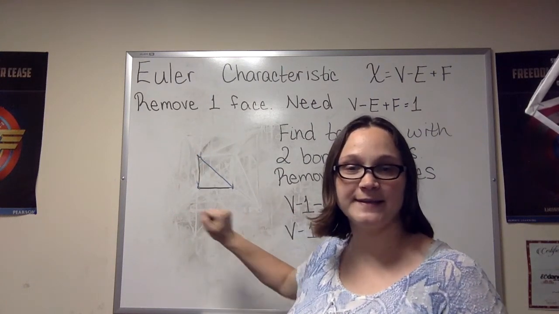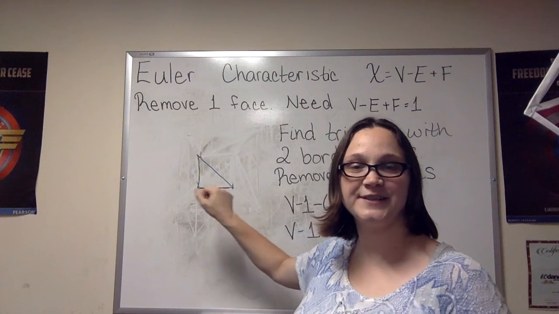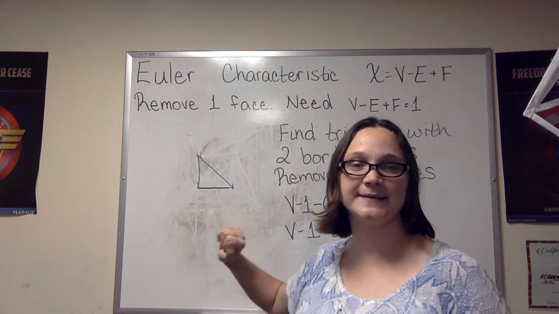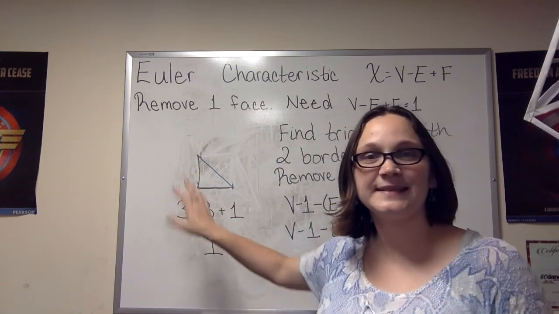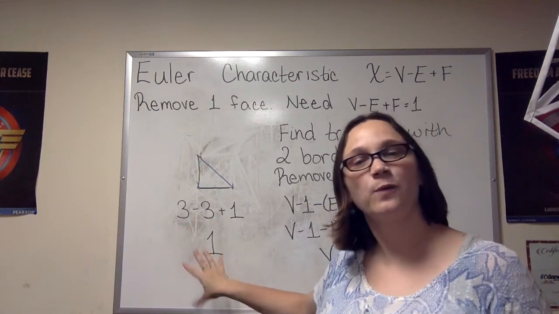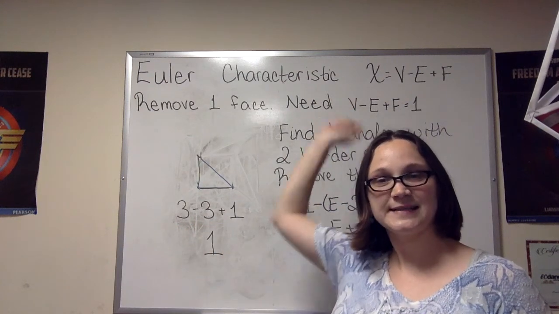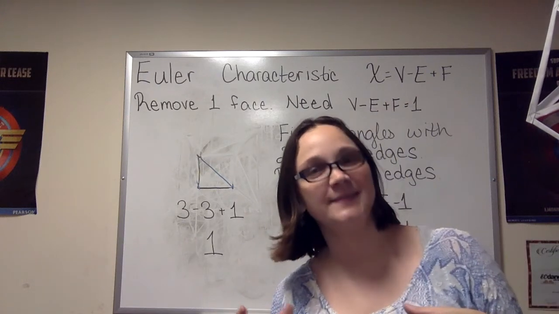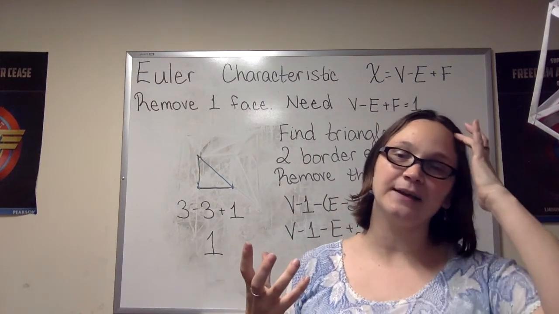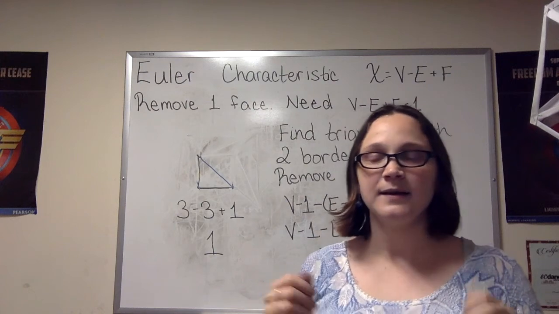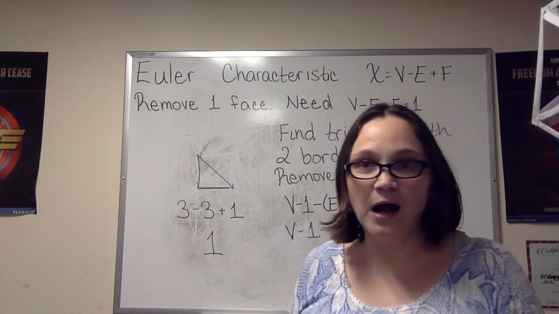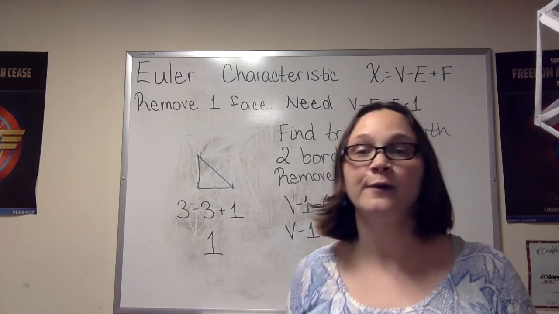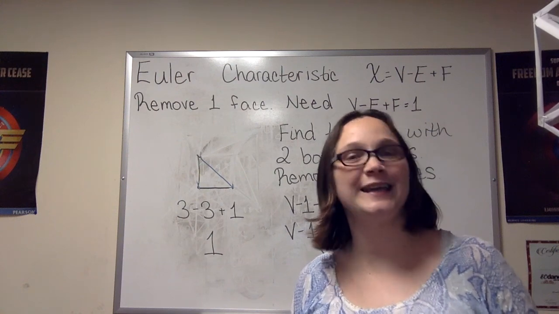We have three vertices, three edges, and one face. This gives us 3 minus 3 plus 1, which is 1, which is exactly what we needed to show. Once we attach our missing face, we get back to 2. We add in our extra face. So as long as we started with a convex polyhedron, we will get an Euler characteristic equal to 2.